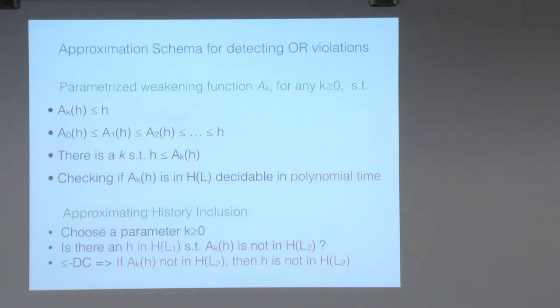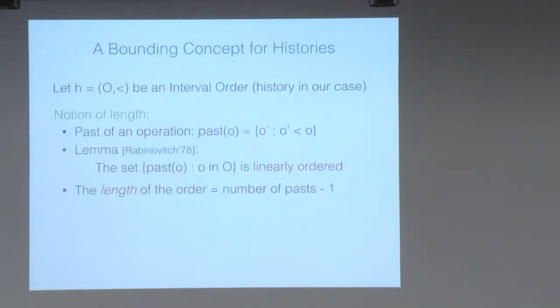Because if they are not, then you know that the original history is not either. So if the approximation is not in the library L2, then the original history is not there, and you found a violation. It's only one direction, of course. So, okay. Now the whole question is, how do we define this A?